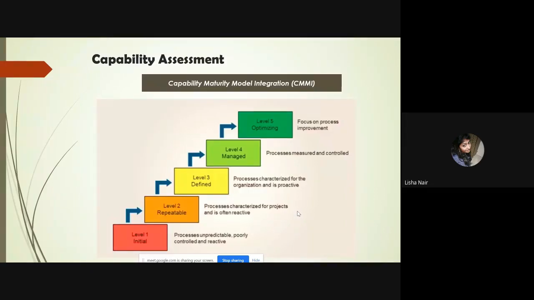So we are working on improvements, bringing in new technologies, new enhancements and stuff like that. All the levels below are just the basics. Coming up to level 5 is considered the most capable system that we build. So the capability assessment is done over this embedded system as well.